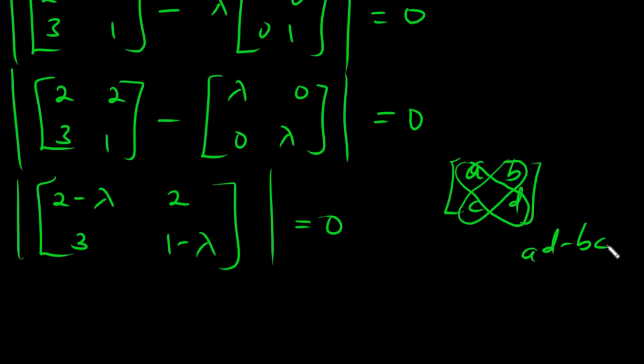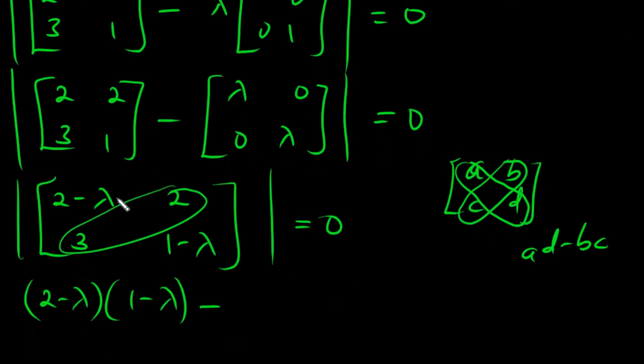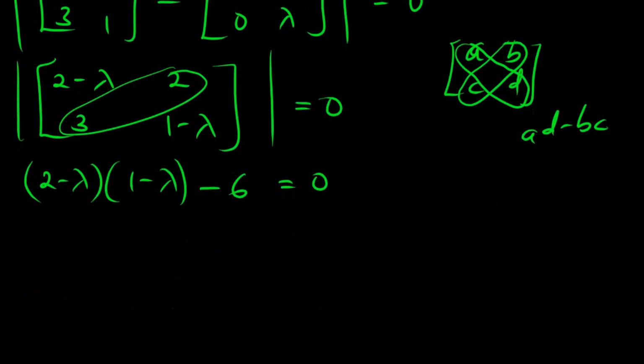We shall do the same for this case. We're going to have 2 minus lambda, multiplied by 1 minus lambda, and then we subtract the product of this other diagonal, which is 3 times 2, which is 6, and this should give us 0. So we need to work out this.